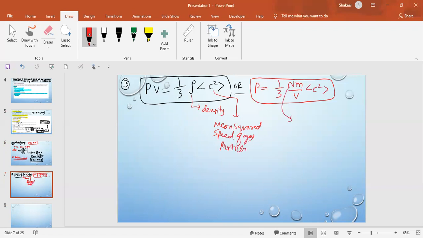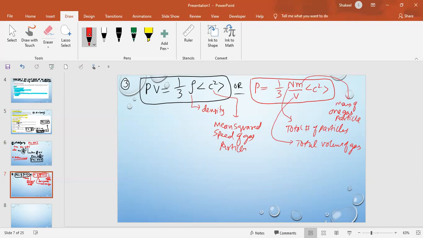N is the total number of particles, m is the mass of one gas particle, and V is the total volume of the gas. That's how we have to derive this expression.